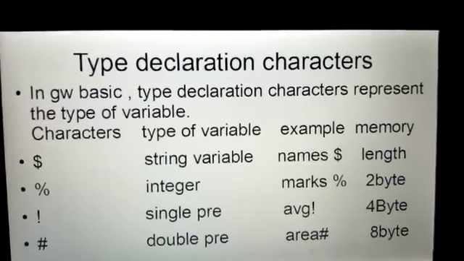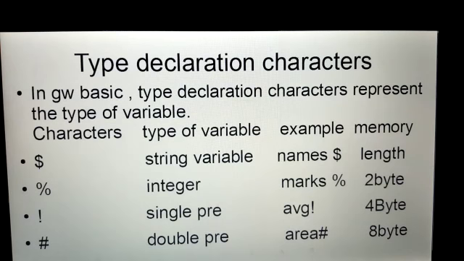Type declaration characters. In GW BASIC, a type declaration character represents the type of variable. Here the character is dollar, and the type of variable is string: a string, b string, c string. When you assign the dollar sign with the variable name, you must store string characters in it.